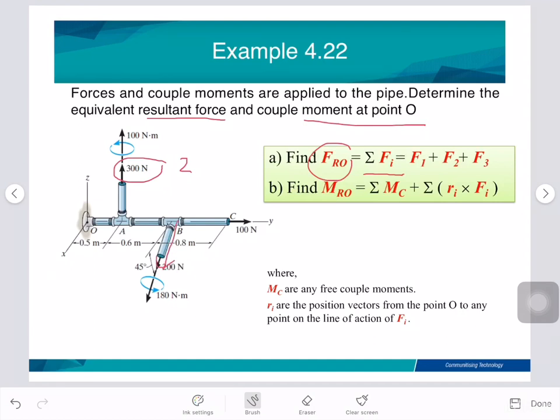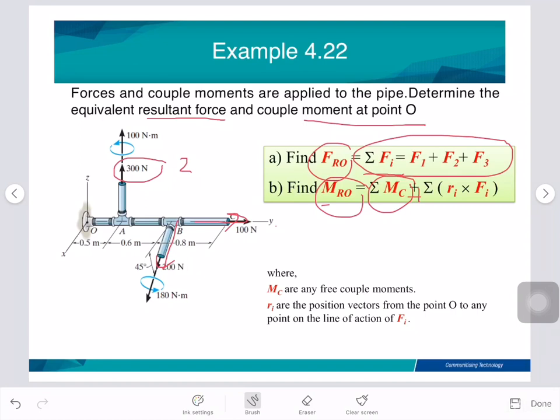F2 lies in X and Z. F3 lies in Y. So you need to determine this summation of force. Then the second one, you need to determine the moment resultant. For the moment resultant, we have the summation of moment couples plus the summation of moments about a point.